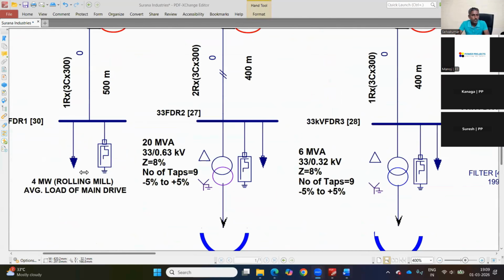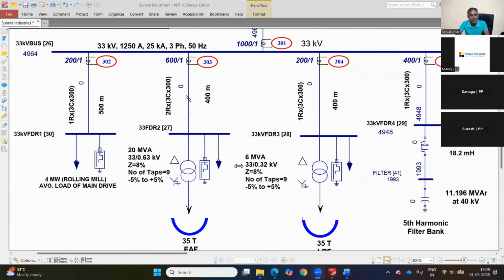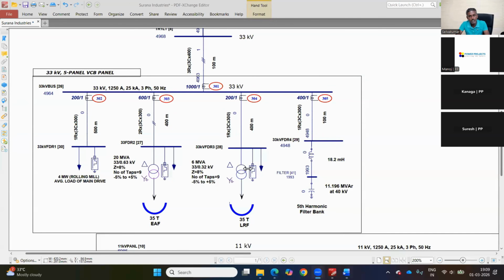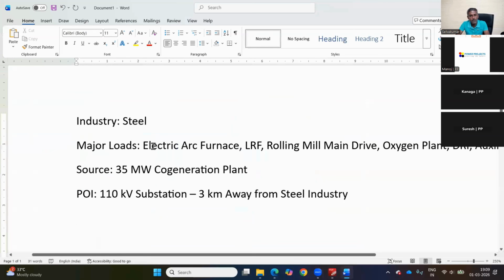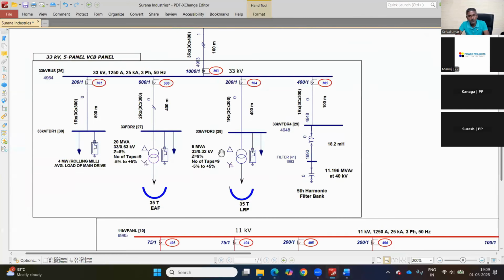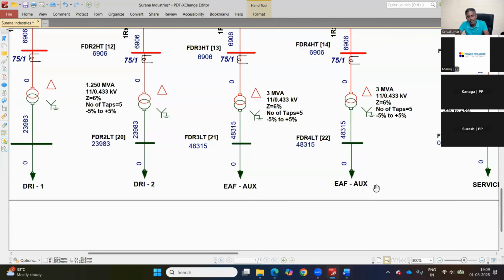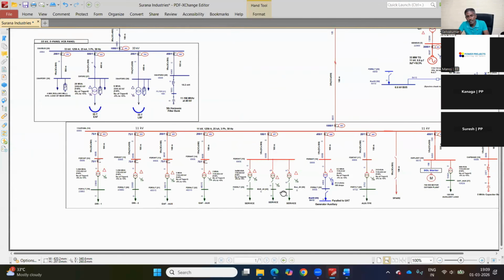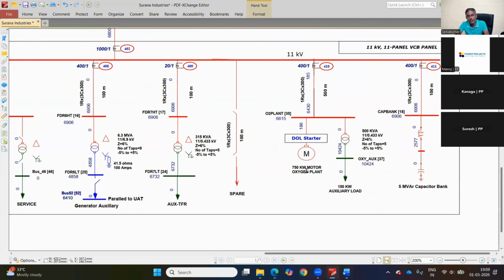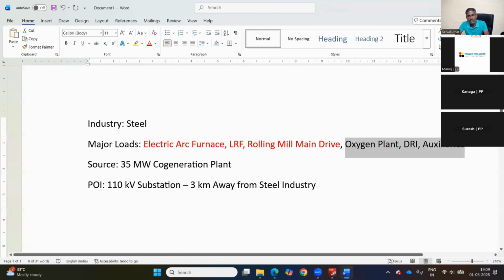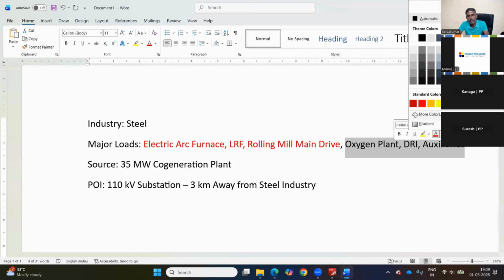The rolling mill main drive, electric arc furnace, and ladle refining furnace are the three major loads connected at 33 kV. Then some of the auxiliaries like dry iron, some auxiliaries, and probably the oxygen plant are connected at 415 volt and 11 kV.